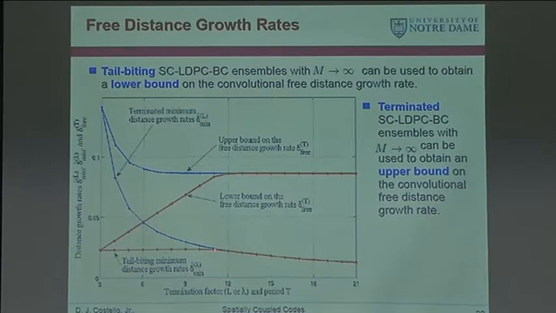It merges with the bound on the minimum distance growth rate of an associated tail biting ensemble, and then it eventually goes to 0 here. Because the code is just getting longer, but the distance isn't getting any greater. So you're basically dividing a constant by something that's getting longer, so that's going to go to 0.